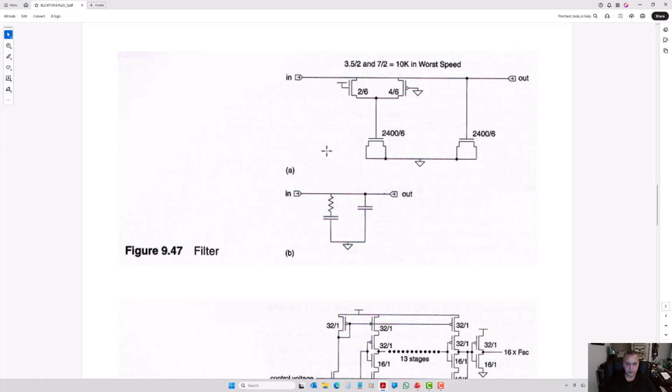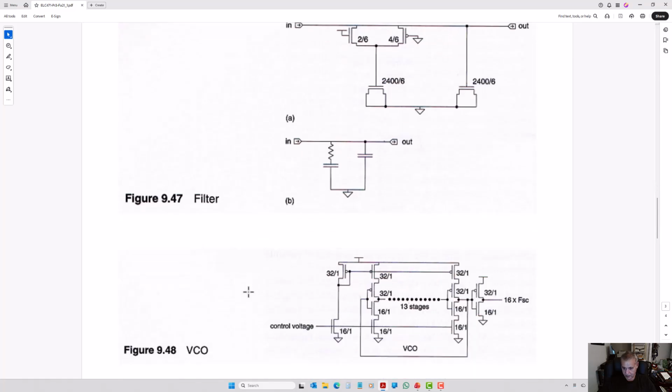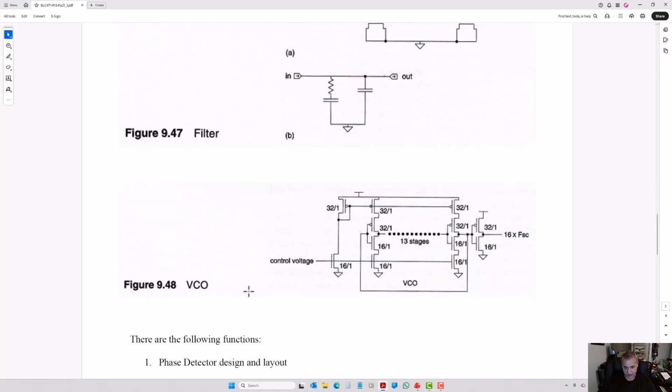Very simple, but the key here is for it to come together fast and efficiently, and the communication between the teams that are doing these pieces and the team that is doing the top level. Then finally, the VCO. The way to test the VCO is to sweep with maybe 10 different values from 0 to VDD, which is 1.8 volts.